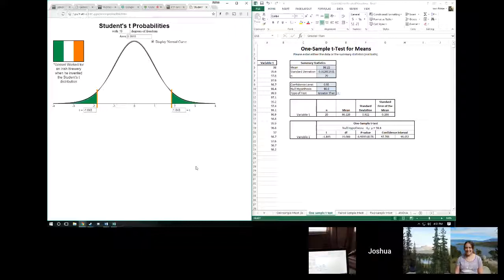But if they just give you a bunch of samples, then you use the Excel sheet. You're more than likely not going to use the student's t probabilities, because I don't see them just giving us the t-score and the degrees of freedom. So I wouldn't worry about it too much. Otherwise, you just use the Excel sheet.